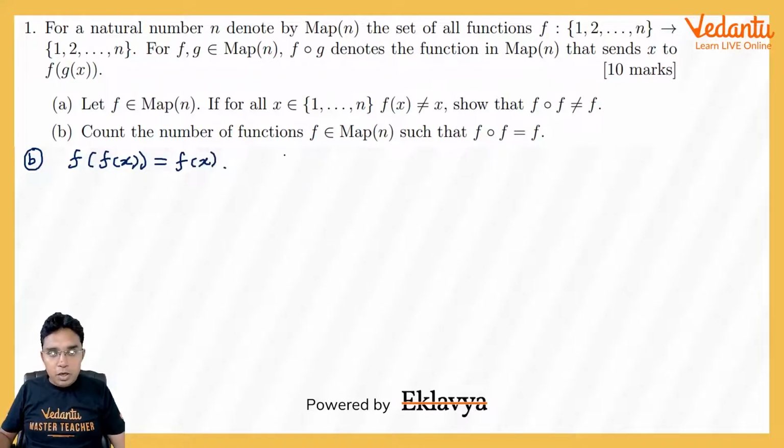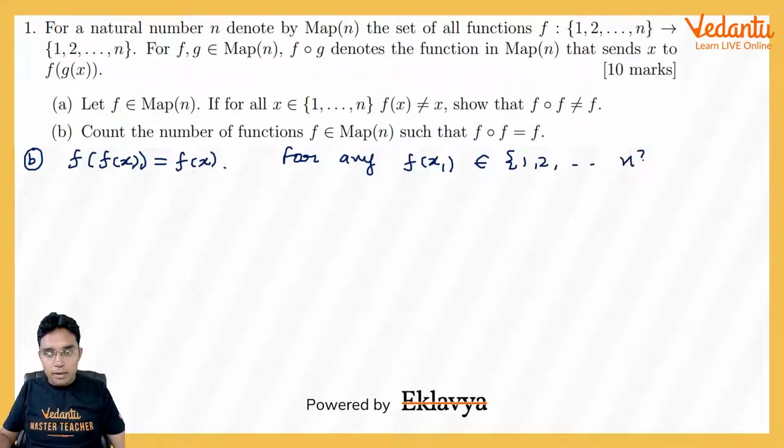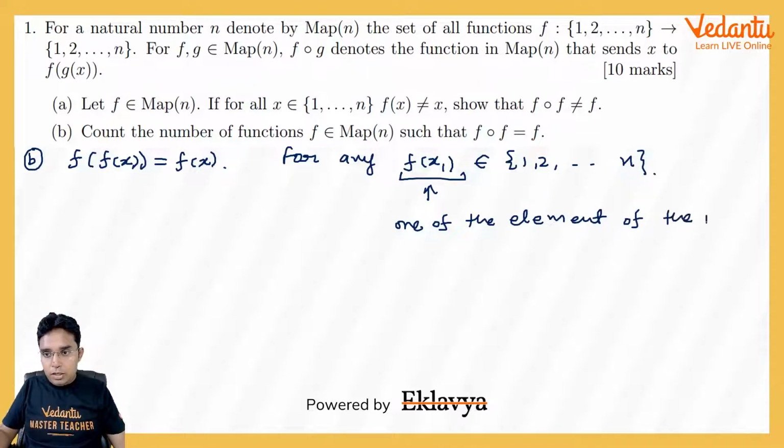That means for any f of x1 that belongs to 1, 2, and so on n, in fact this will be one of the elements of the range of f of x.